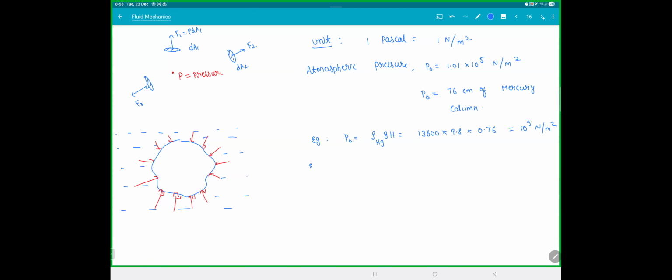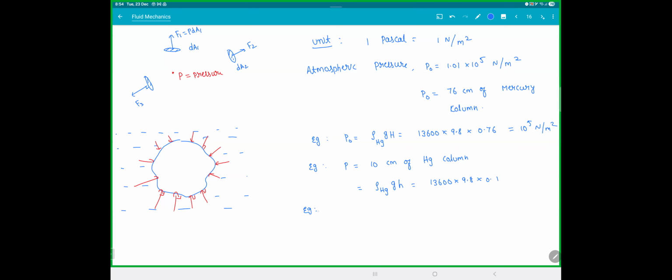Sometimes they will say like this: the pressure on a surface is 10 centimeters of mercury column. The meaning of this is rho mercury g h, which is 13,600 into 9.8 into 0.1. That's your pressure.